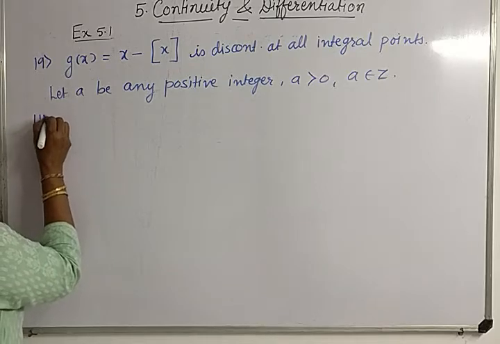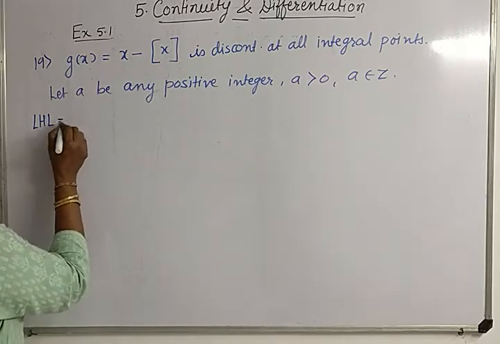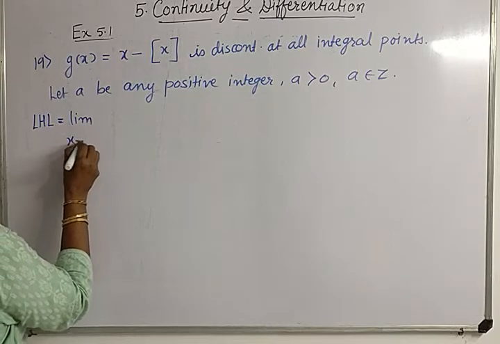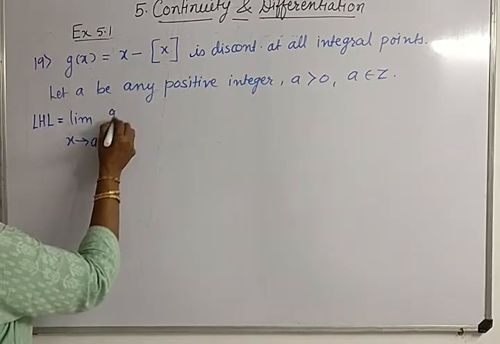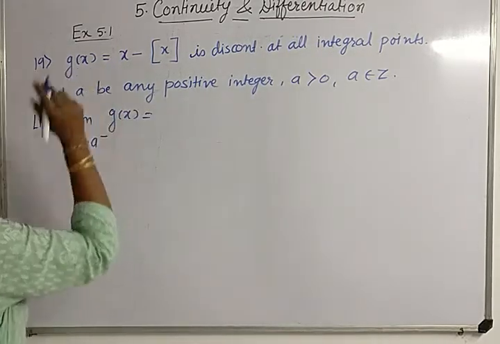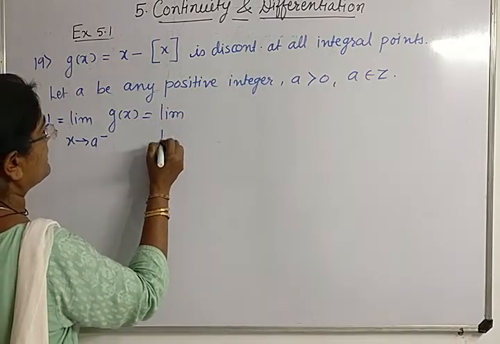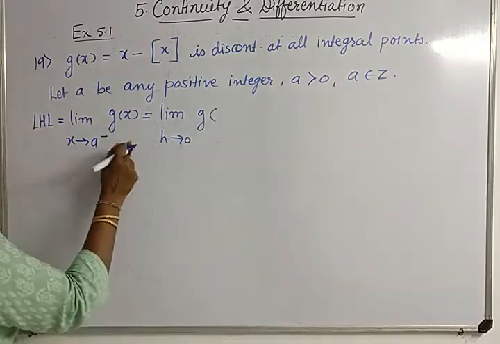Now left hand limit equal to limit as x tends to a negative of g of x, क्योंकि हमारा फंक्शन यहाँ पे g of x है. This equal to limit as h tends to 0 of g of a minus h.